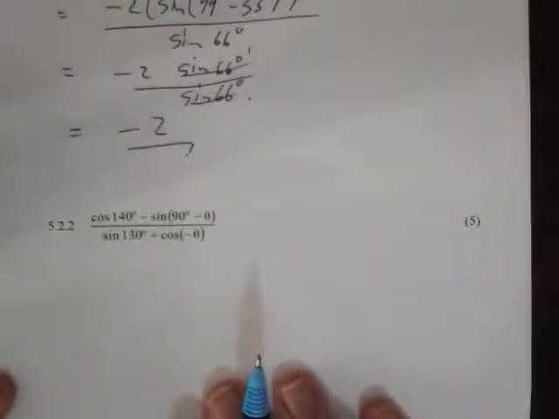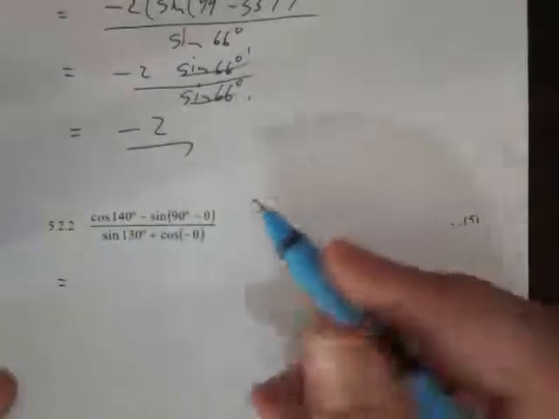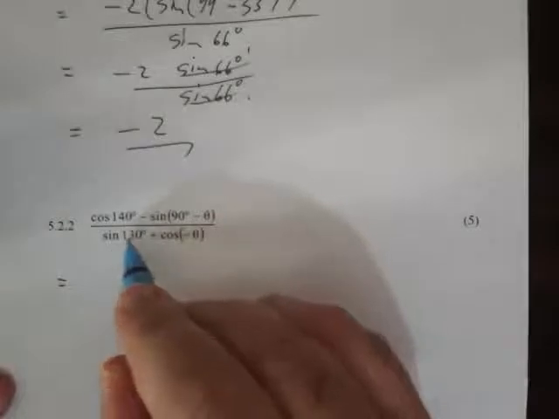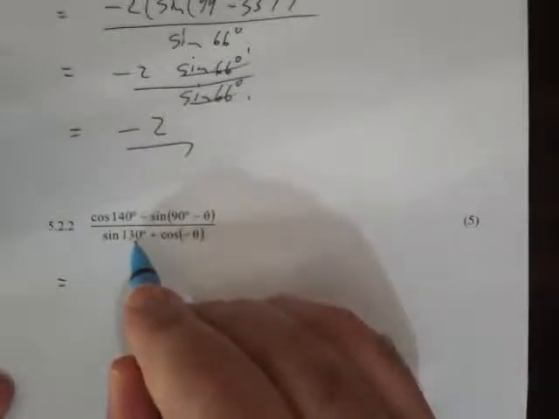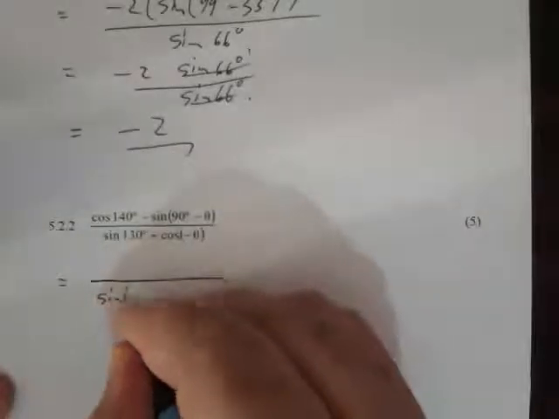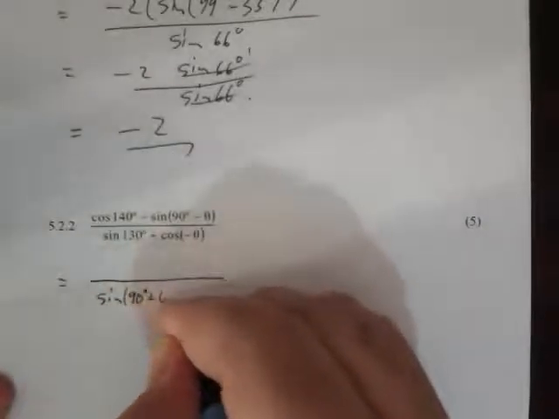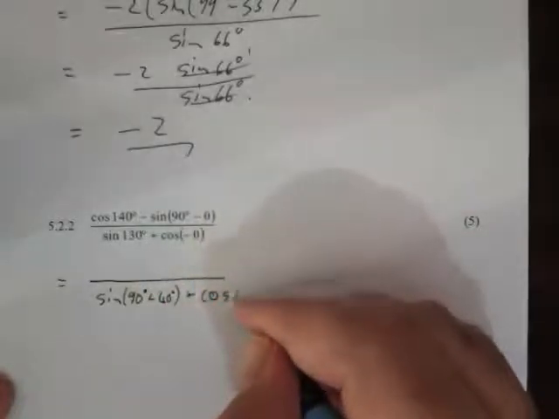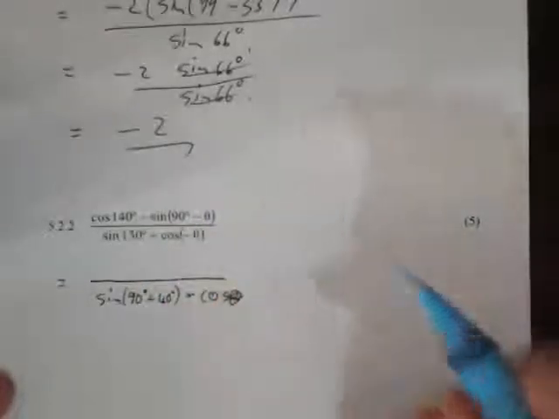So cos of 140, sine 90. Okay. Now, I'm going to convert this to a 90 plus 40. So it will be sine of 90 degrees plus 40 degrees plus cos of theta, not alpha.